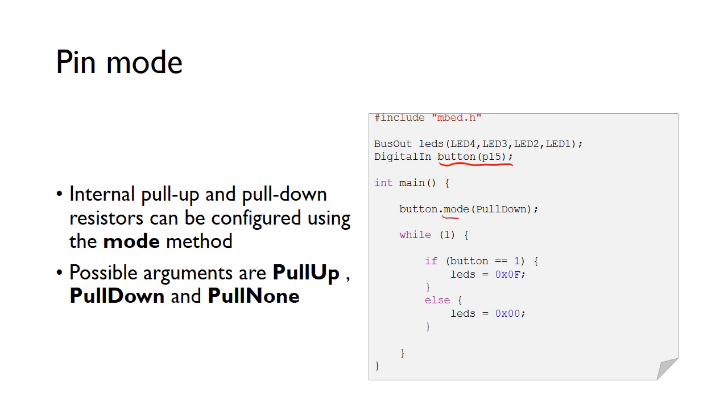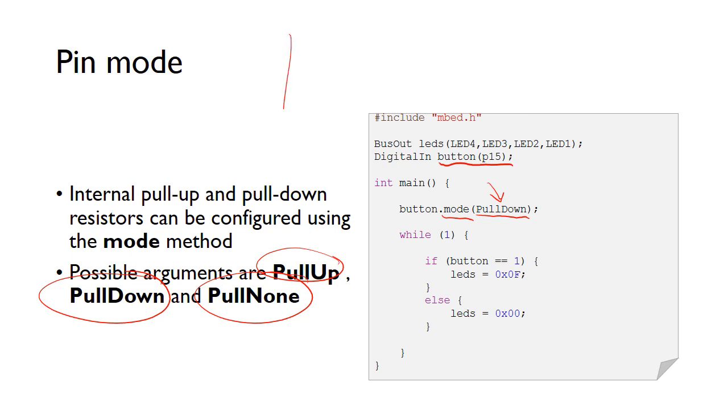So we've got button.mode, and then inside the brackets, we're passing our argument. Here I've put PullDown, so that's going to switch on the pull down. But the possible arguments are PullUp, PullDown or PullNone, which won't turn any on.